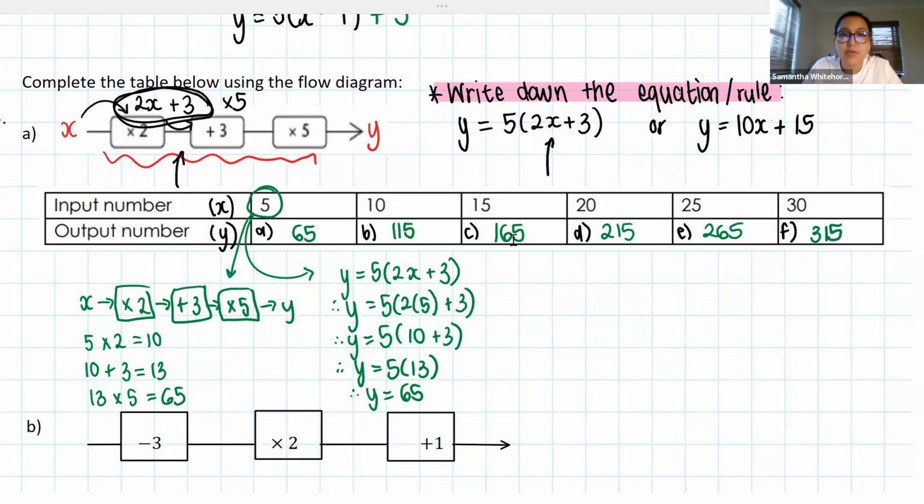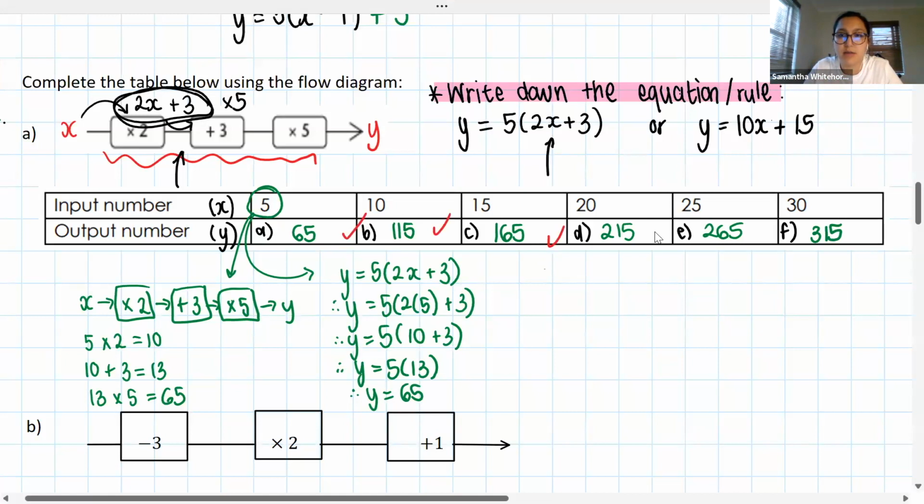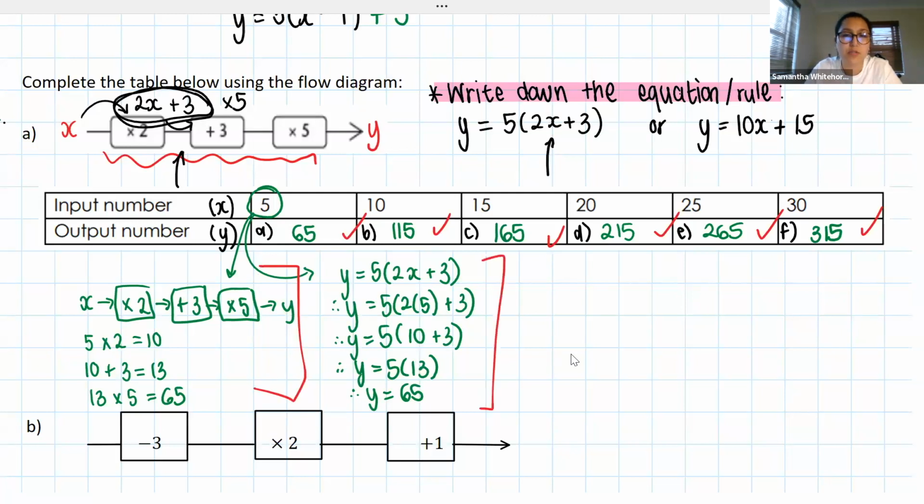If I told you there was a mark allocation of 6, you're just going to get a mark per answer. If we say fill in the table showing your calculations, then you need to show your use of the flow diagram or the equation. But if it literally looks like it's a mark per answer, you just do it on your calculator and put in the values. But generally we will say showing all calculations, and then you have to show your working out.